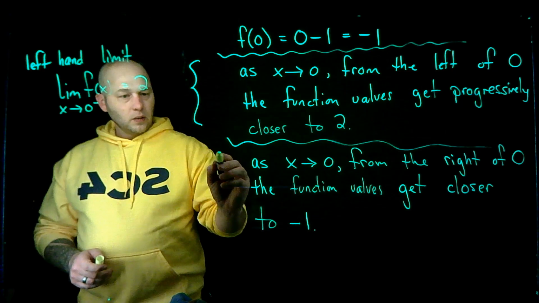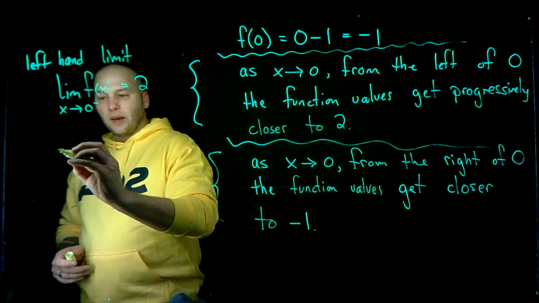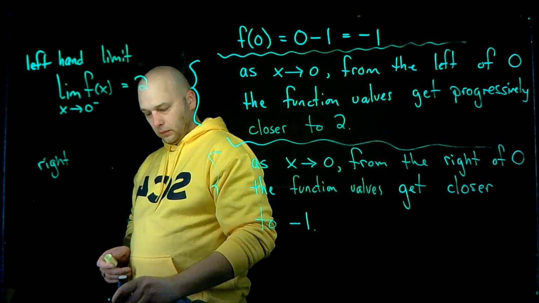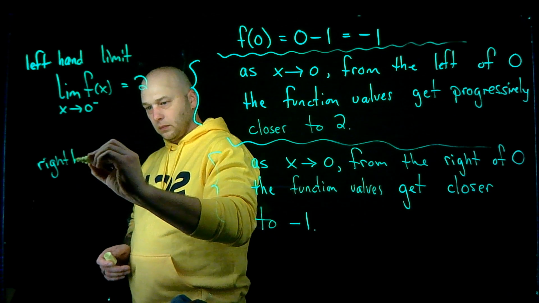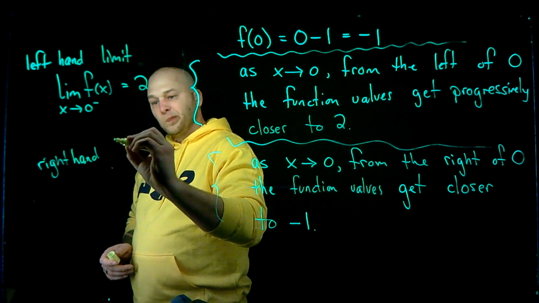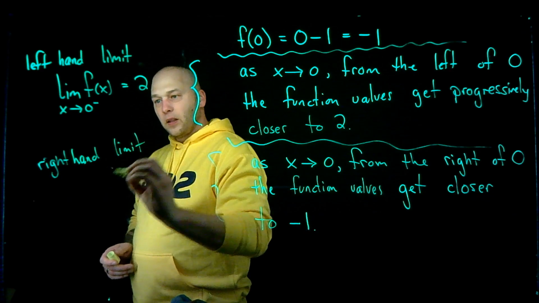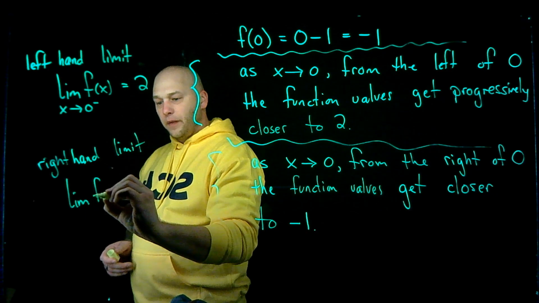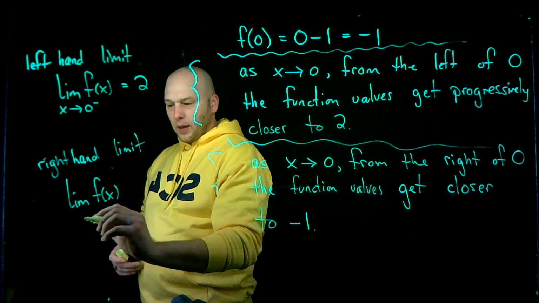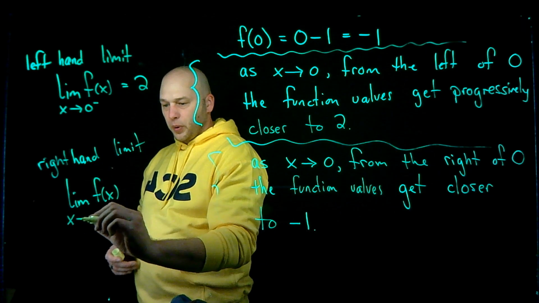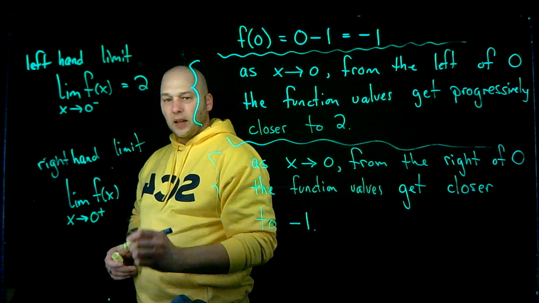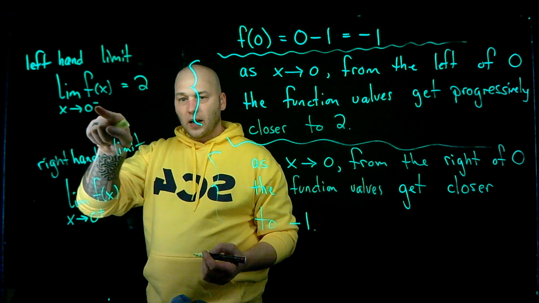This one is called the right-hand limit. And the notation is the limit of the function as x approaches 0, and then the plus sign indicates from the right, the negative sign indicates from the left.